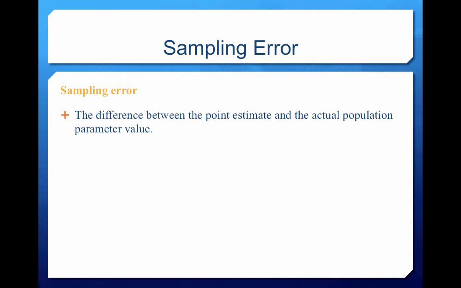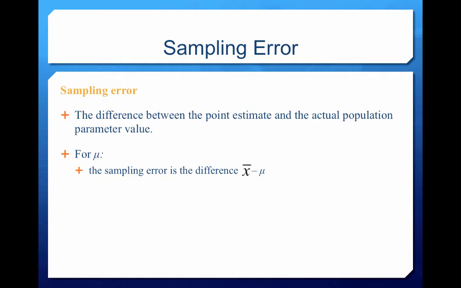If I'm using this as a point estimate for the average age of USC Upstate students, then the sampling error would be the difference between that 18.6 and the actual population average age for USC Upstate students.